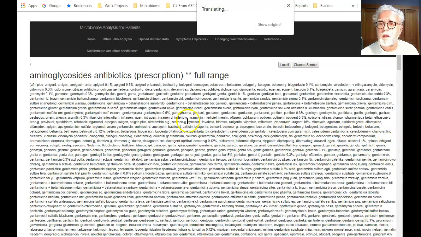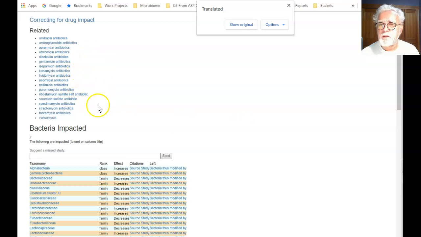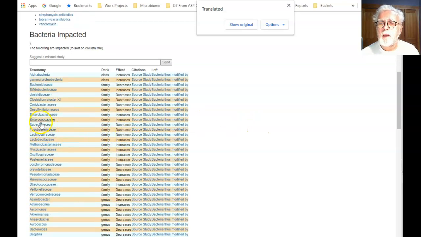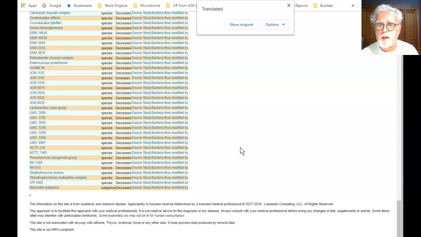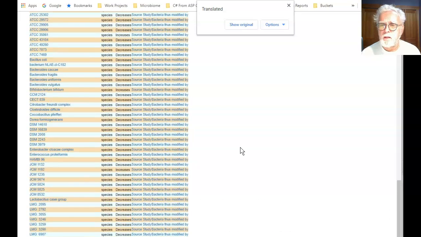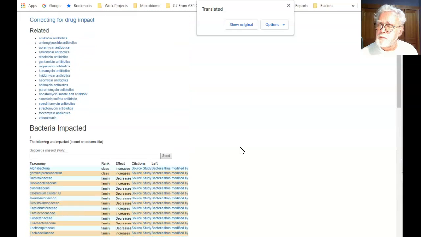It lists all the related ones, but more importantly, it lists every bacteria which we have documentation on, and whether or not it increases or decreases according to a variety of PubMed studies. So we have a whole ton of bacteria which we know from the literature will be impacted positively or negatively by taking this drug. That tells us what we have to compensate for.